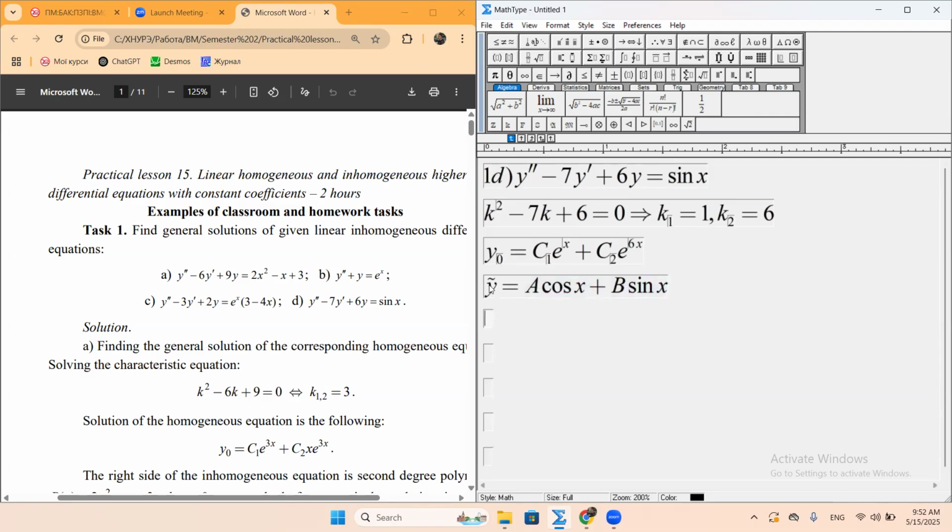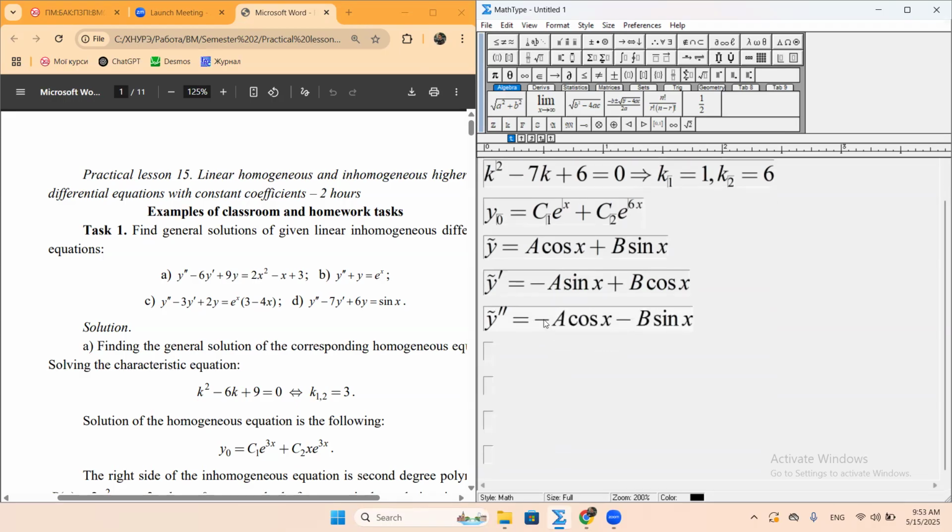Now differentiating this partial solution to substitute: minus A sine of x plus B cosine of x. Then y double prime equals minus A cosine of x minus B sine of x.